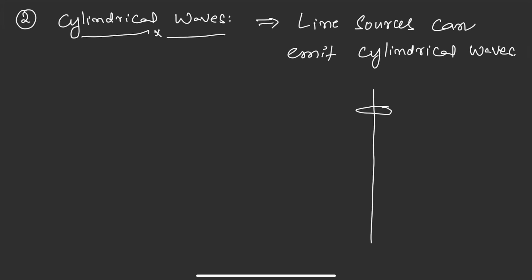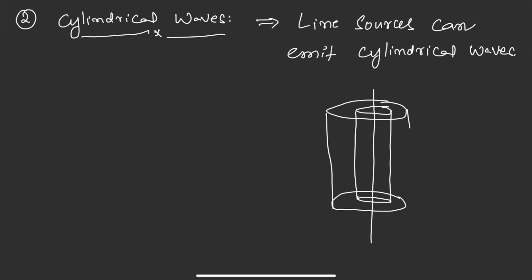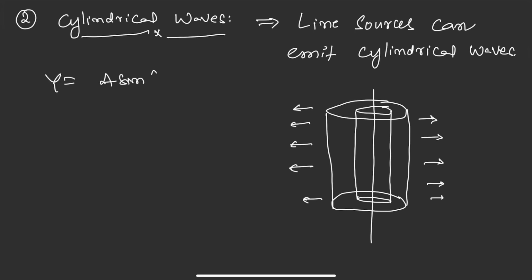Cylindrical wave fronts can be formed like this, propagating in all the directions. These wave fronts travel with the speed of sound. Now its equation is y equals a sine omega t minus kx.